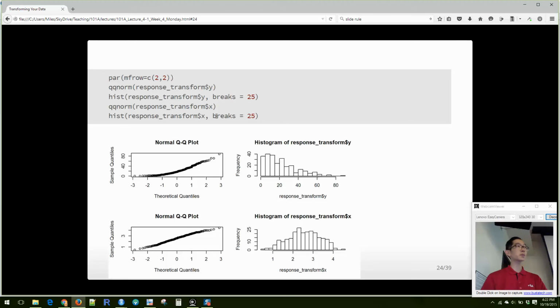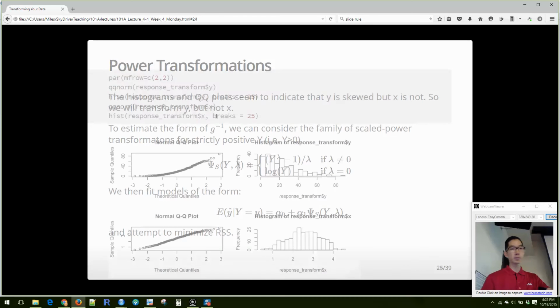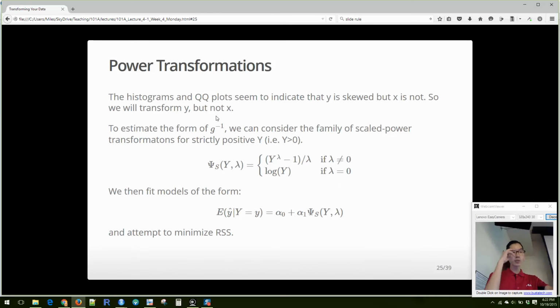So in this case, we're going to work on just transforming y. We're going to look at this class of power transformations. The histograms and QQ plots say y is skewed, but x is not, so we'll transform y.